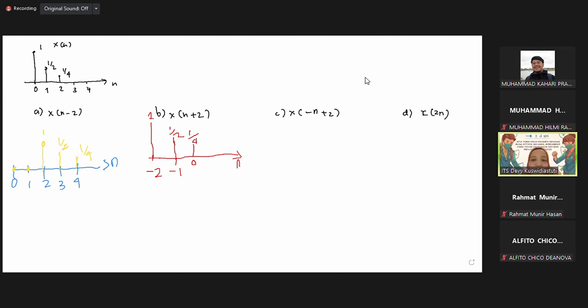It is like you reflected the signal, x[n] is reflected about 0, and then shifted to the left or right. To the left.